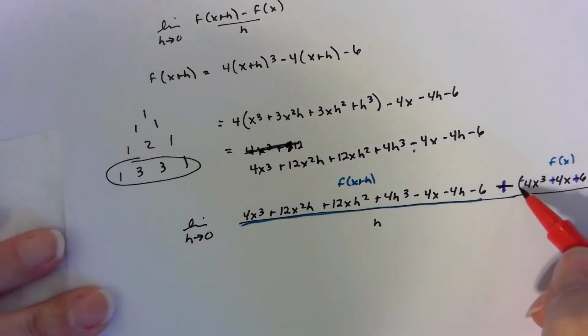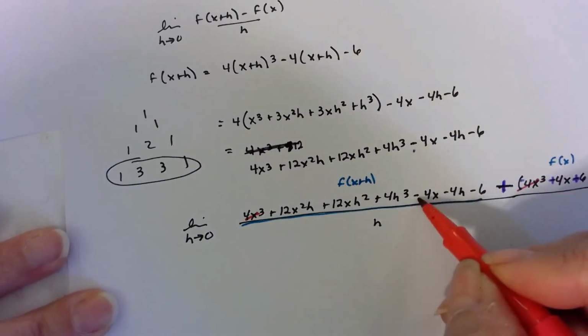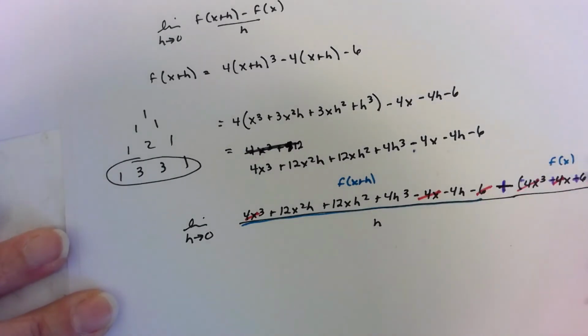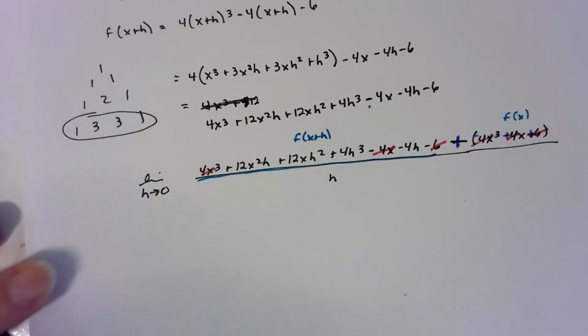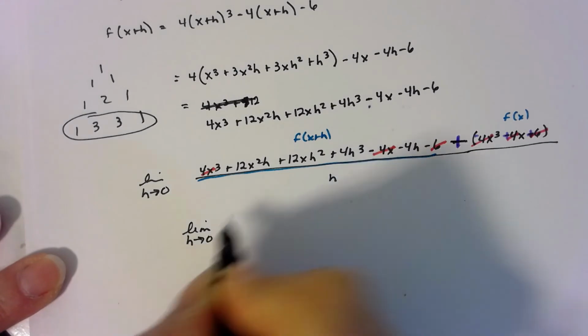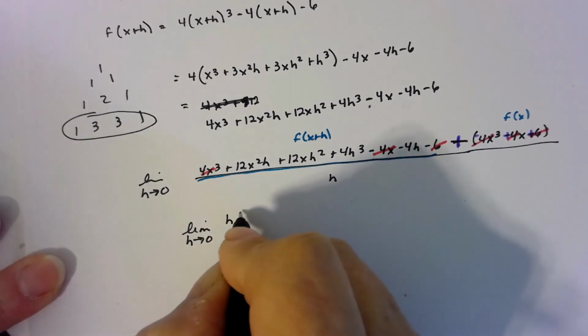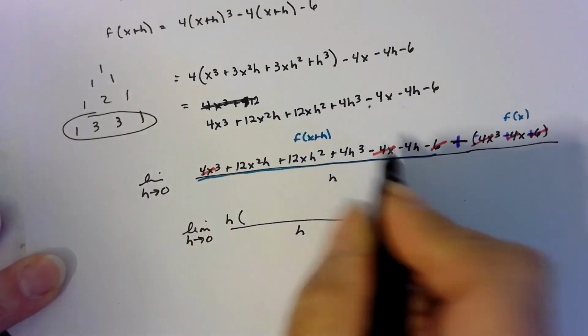And I can cancel the 4x cubes, I can cancel 4x, and I can cancel the 6's. So the simplified version of this thing is the limit as h approaches 0. I'm going to factor out the h too, factoring out an h out of every term as I go.